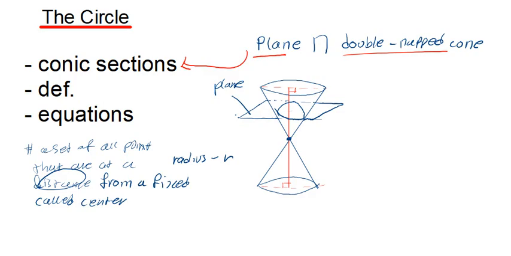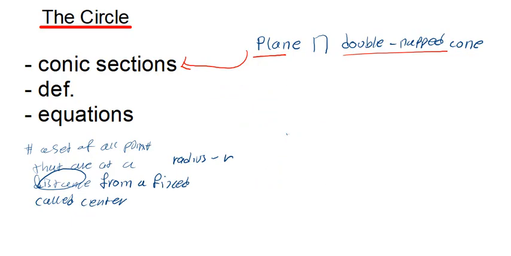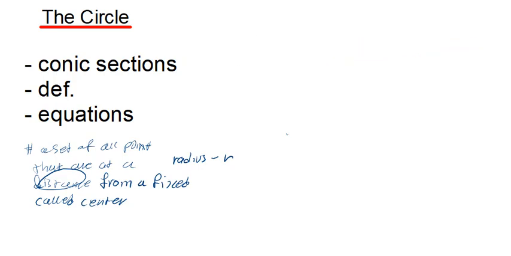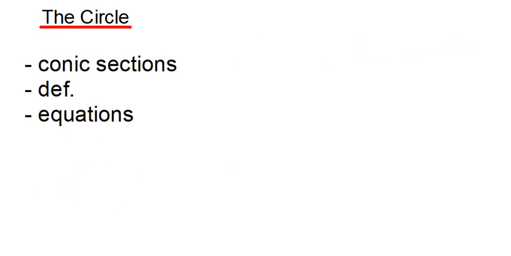So that's how we get a circle from a double napped cone and the plane when they intersect. So that's basically the definition of the circle. Then what are the equations of the circle?